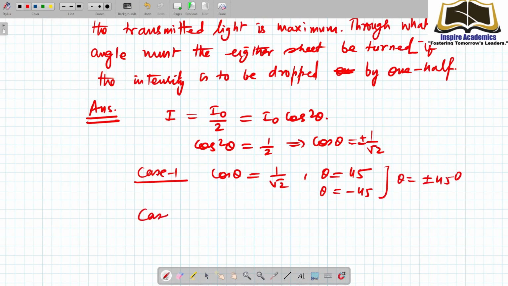Now case 2 is when cos theta is negative 1 by root 2. That is possible when it is in the second quadrant or third quadrant. So it would be 90 plus 45, that is plus minus 135.